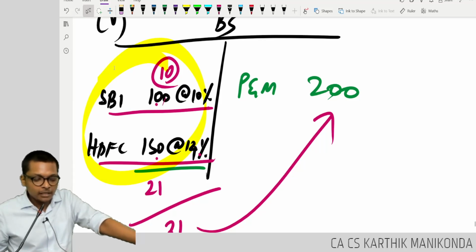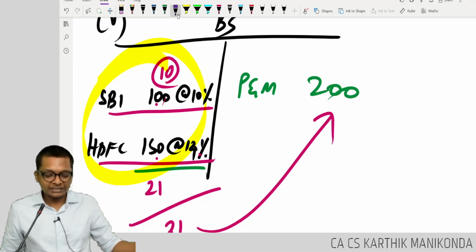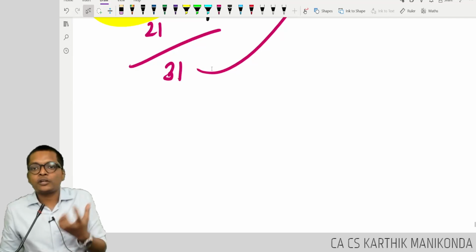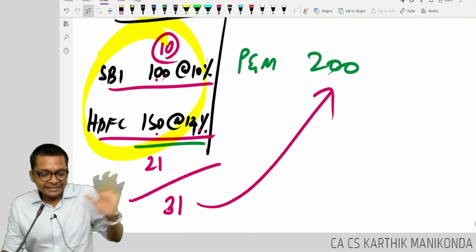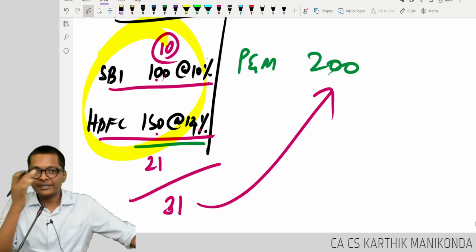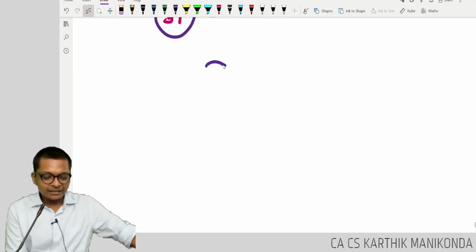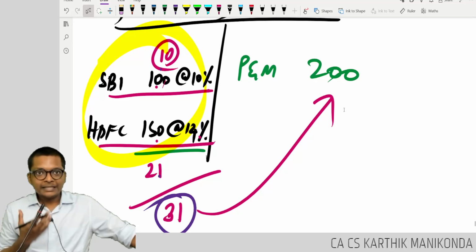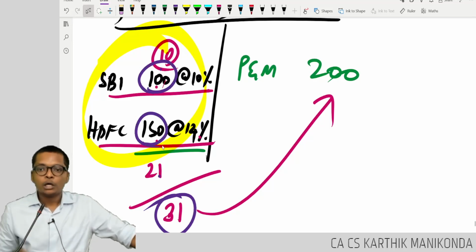If it is one loan, it's easy. If it's multiple loans, they are saying find out the average cost of borrowing, meaning what is the total interest in this case. 31, 10 plus 21. So 31 is the total interest. 31 is for how much loan? 100 plus 150.